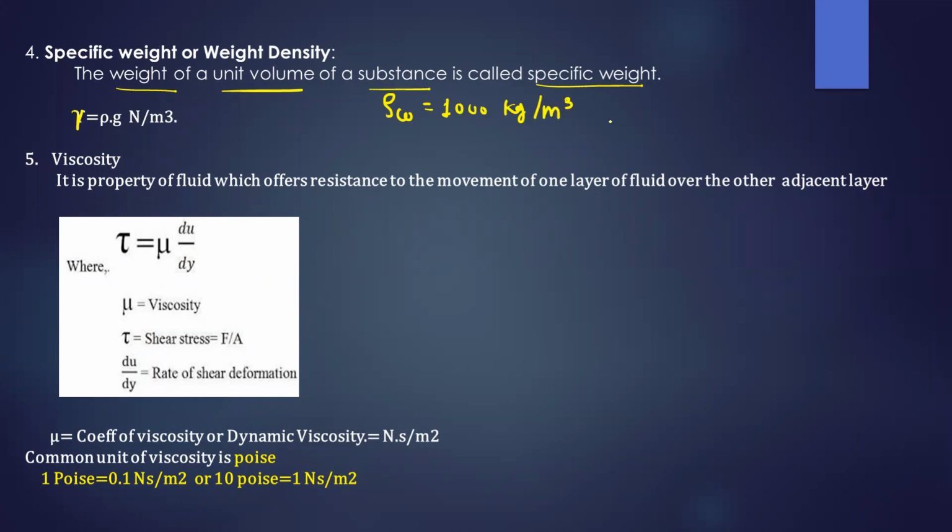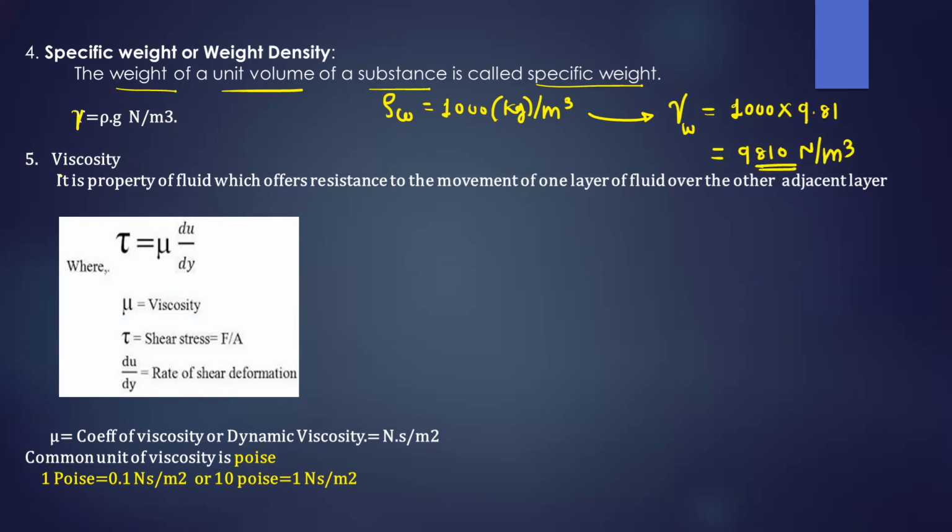So the specific weight of the water will be the density of the water into 9.8. This is called the weight density, because if you observe the numerator here, it is in kg. So just convert that weight, which is in kg, into Newton. So this is equal to Newton per meter cube, and this is called the weight density.